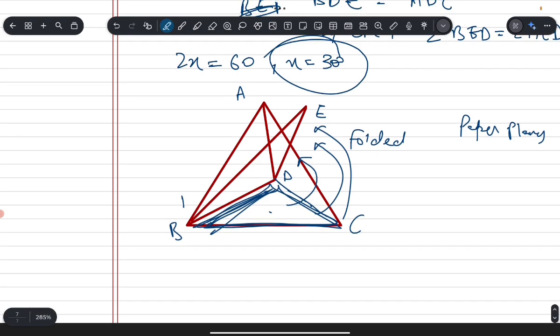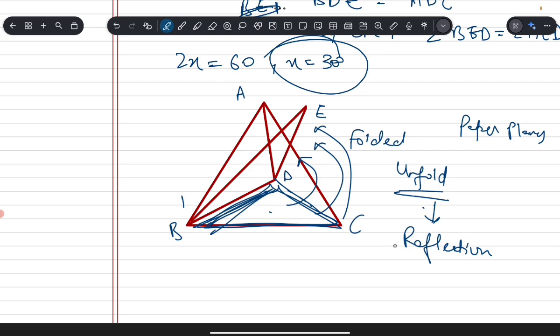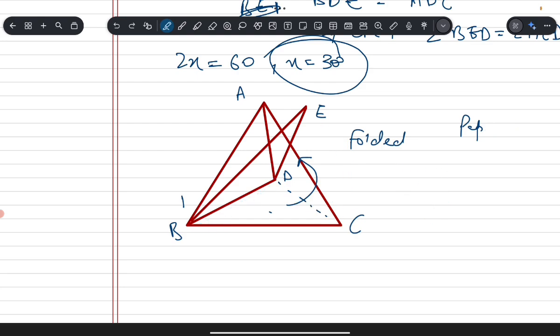If you're able to observe this, what we will do is we'll unfold this paper. Here comes the idea of reflection, taking reflection. How are we going to do it? I'll just erase stuff. I hope you've noted that down. Okay, this is not a live class, you can pause. I keep forgetting.